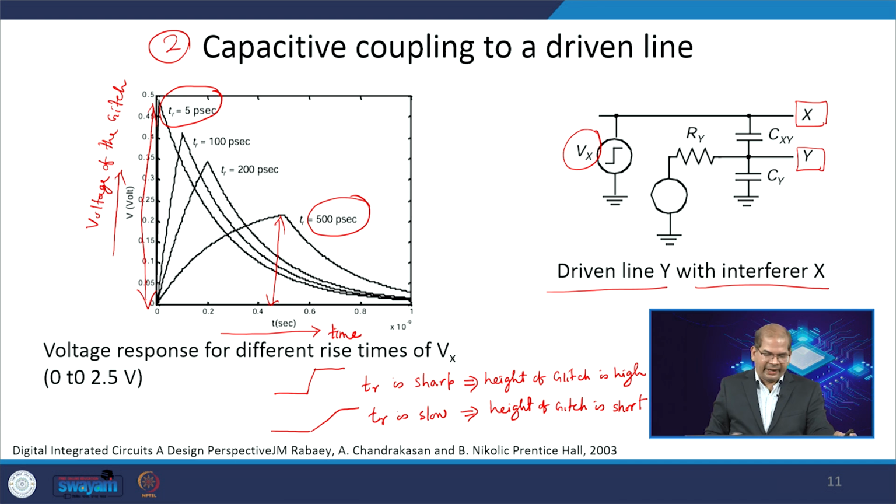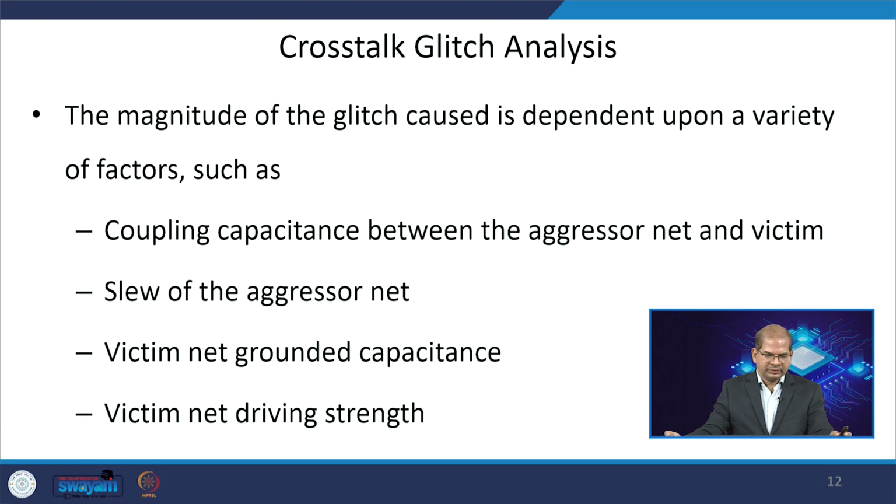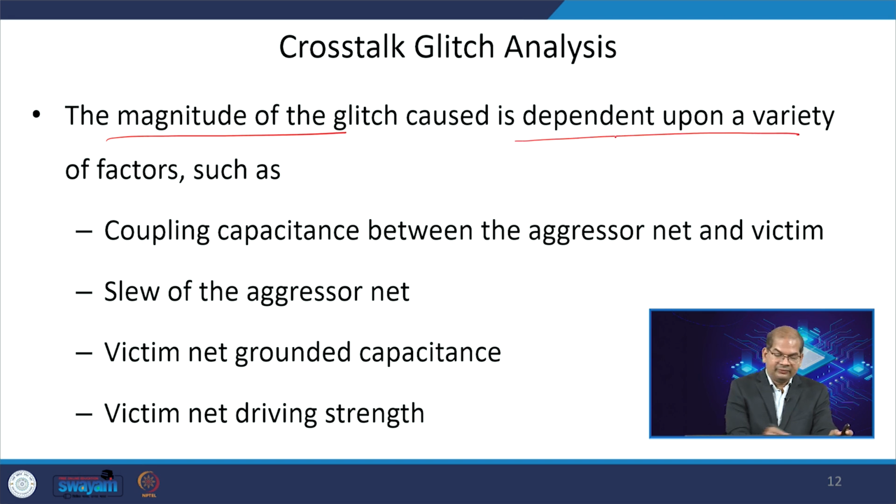This height and width of the glitch is very important whenever you are doing timing analysis of the victim net. The magnitude of the glitch is dependent on a variety of factors. What will the height of the glitch depend on?